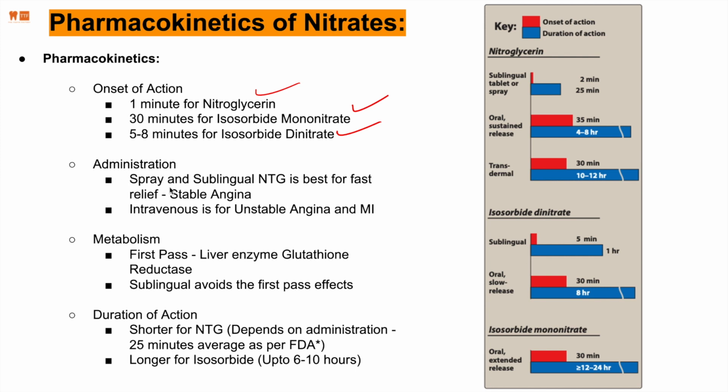Administration: when spray and sublingual are given as nitroglycerin compounds, it is best for fast relief of stable angina because sublingual bypasses first pass effects. IV does not. So intravenous is for unstable angina, hence longer duration.